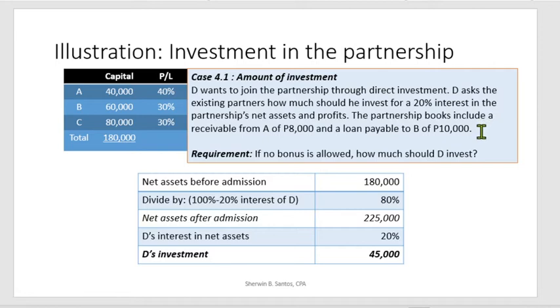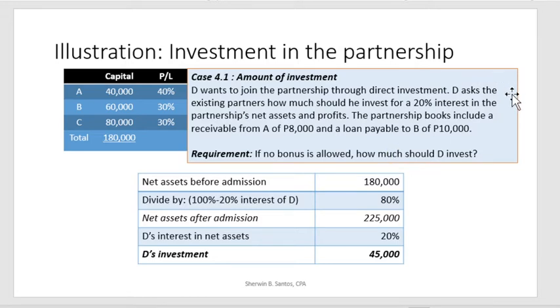The partnership books include a receivable from A of 8,000 and loan payable to B of 10,000. Requirement: if no bonus is allowed, how much should D invest? This item sounds like a board exam question, the way it has been constructed.